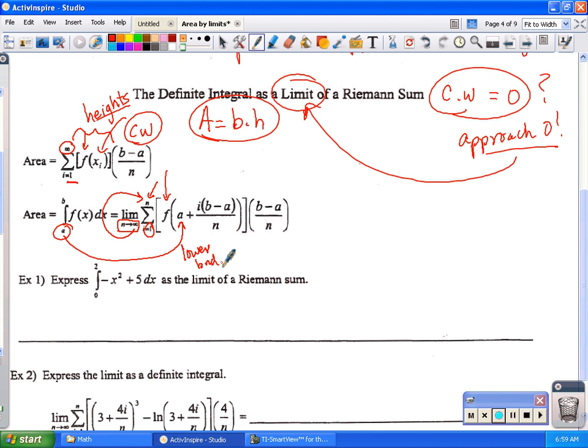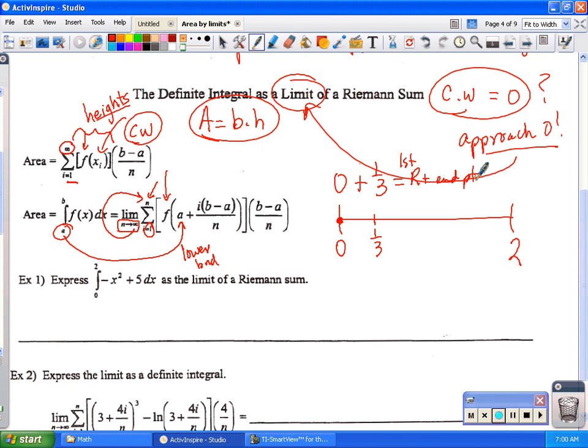Now the question is, how do you get to the first right endpoint? So in the example that we had earlier, we were going from 0 to 2, and we had 6 partitions. So to get to the first right endpoint, what we literally did is we started at 0, and we moved one common width to the right, which was 1/3. So what we literally did is we started at the lower bound, and we added 1/3, which put me at the first right endpoint.